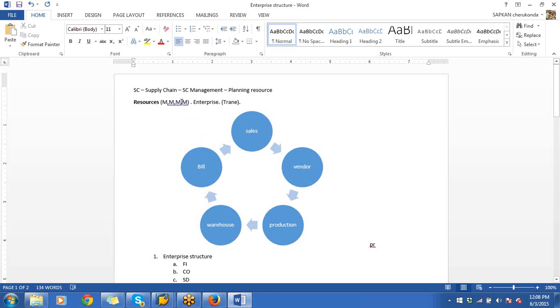Finished material, raw material, you call it anything. Anything and everything should come under these four categories. The resources are in the enterprise. You're planning. So in order to plan, you need a tool, because we are talking about an $18 billion company.